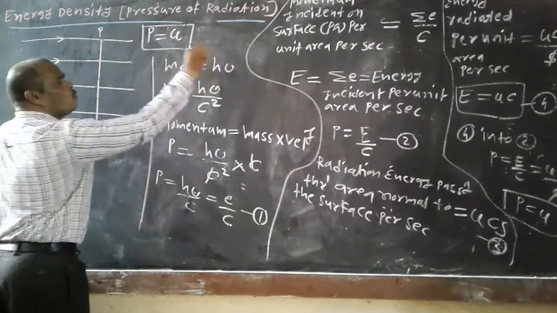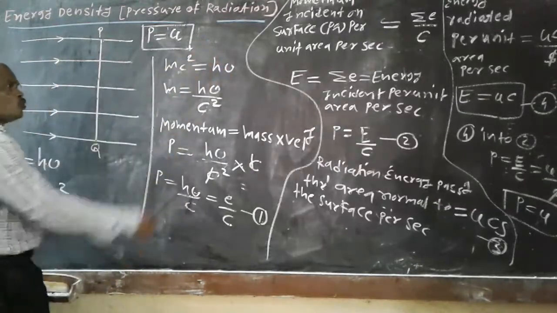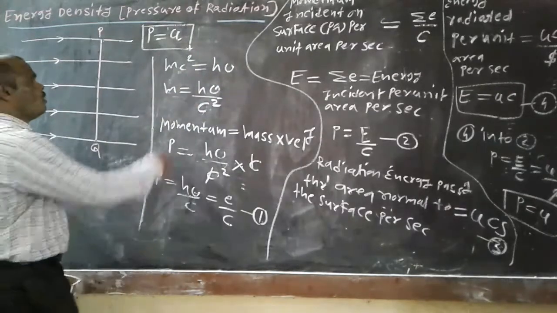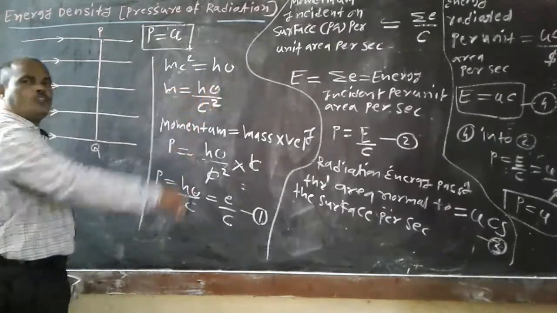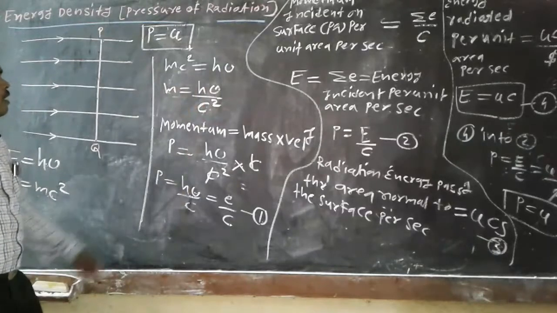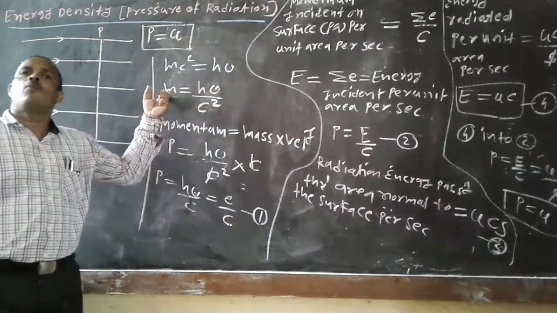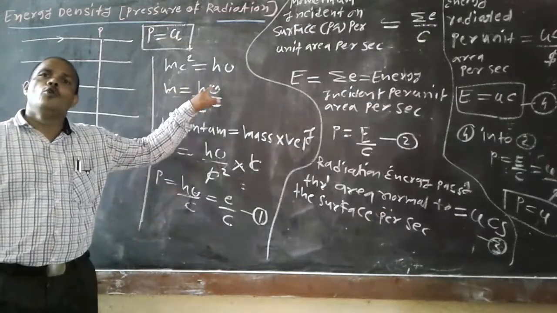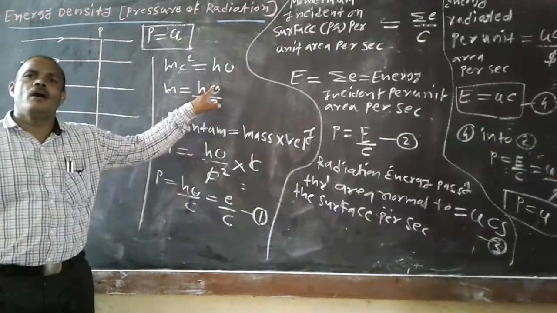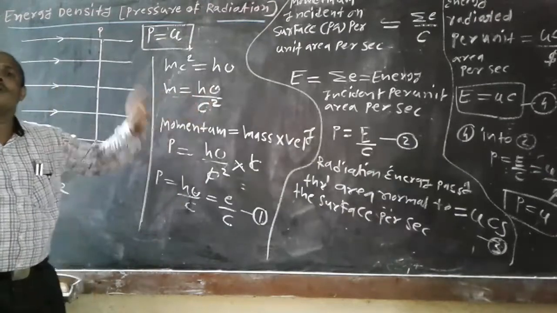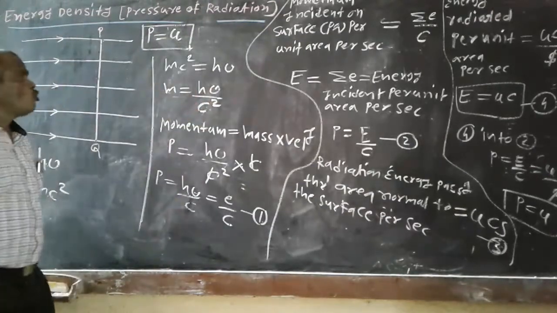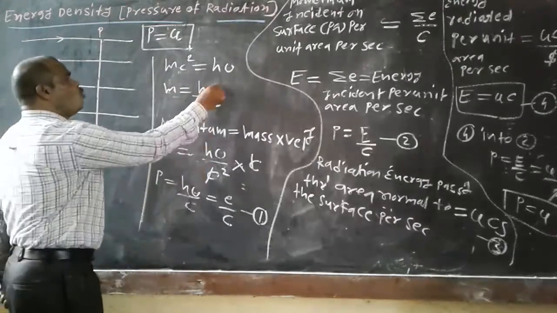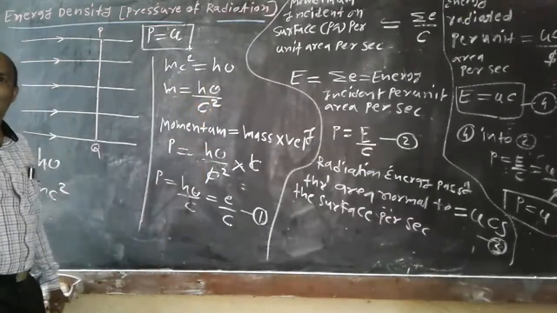Transfer this c square to the right hand side. So m equal to h nu upon c square, where m is the mass of photon, h is the Planck's constant, nu is frequency of radiation, c is the velocity of light.